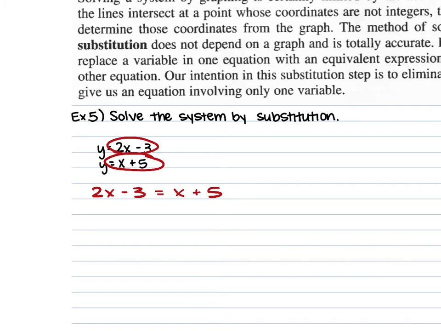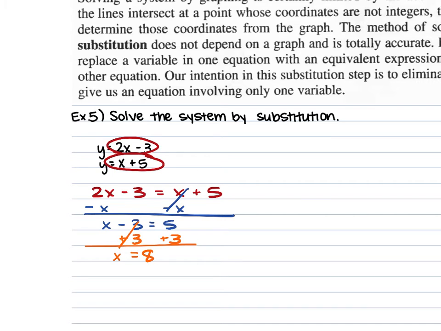We can solve for the x. Once we solve for x, we can just plug it in for one of these original equations and solve for the y. So in order to solve for x for this, I'm going to move this x over by subtracting it from each side. I'm going to have x minus 3 is equal to 5. And then I'm just going to add the 3 to each side to get that x is equal to 8.